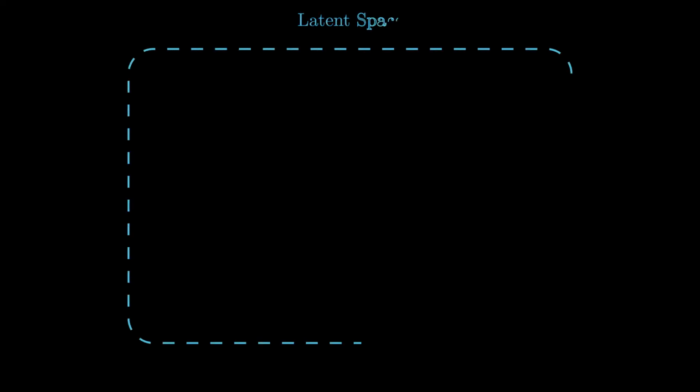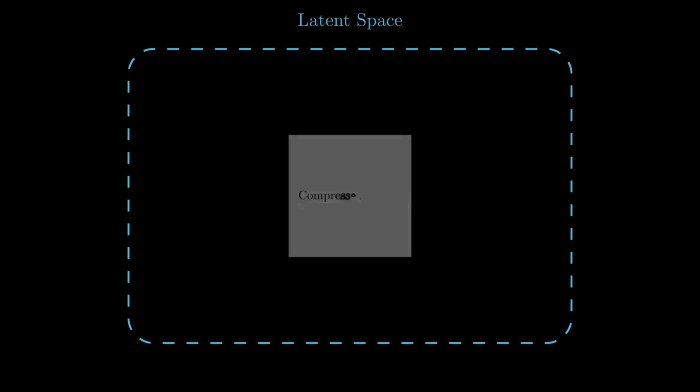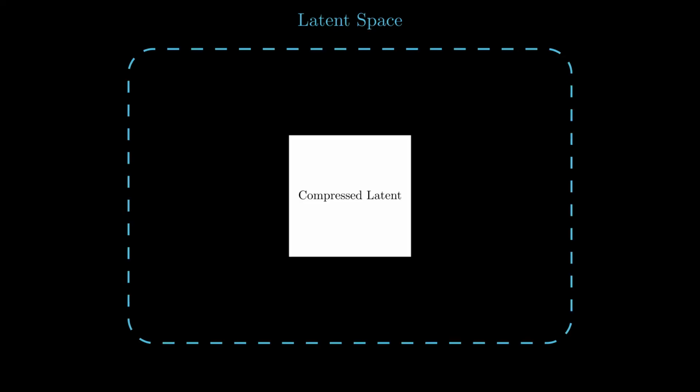Now, here is a critical distinction. Modern generators like Stable Diffusion don't perform this noisy work on the massive grid of raw pixels we just saw. Instead, they operate entirely within this compressed environment, what we call the latent space. Here sits our compressed representation. It is a dense mathematical summary of the image. During training, we systematically corrupt this data by adding noise, mathematically denoted as epsilon.